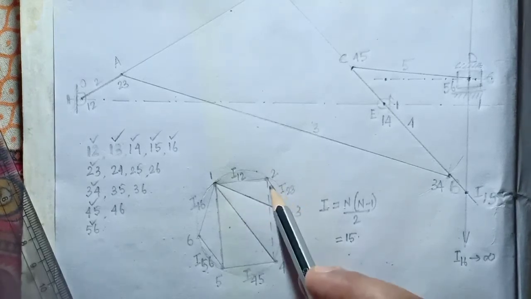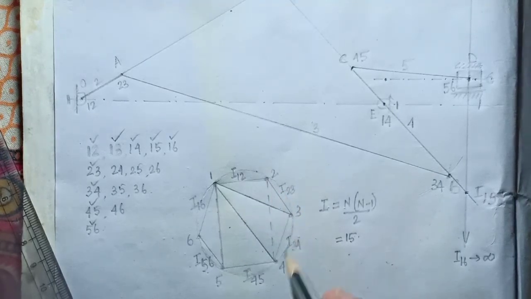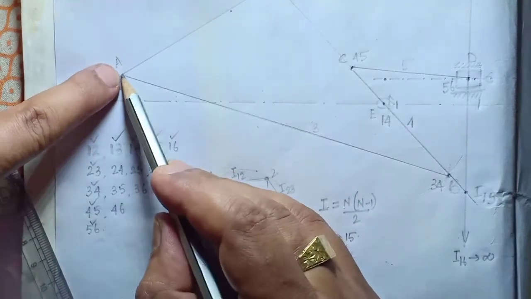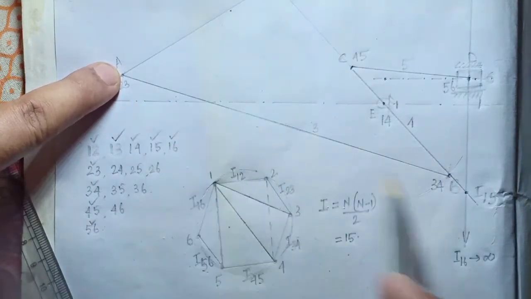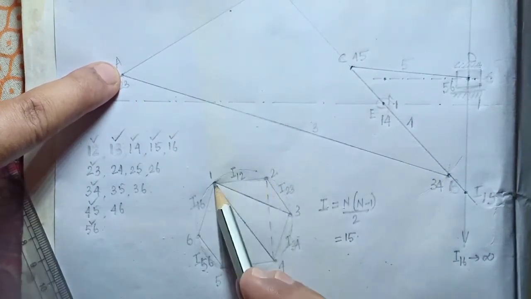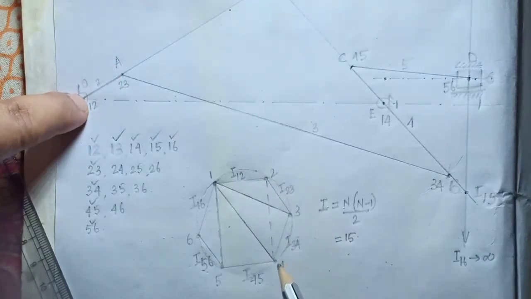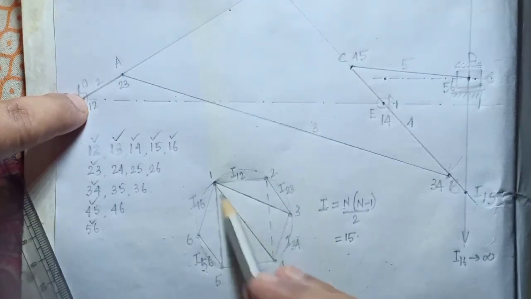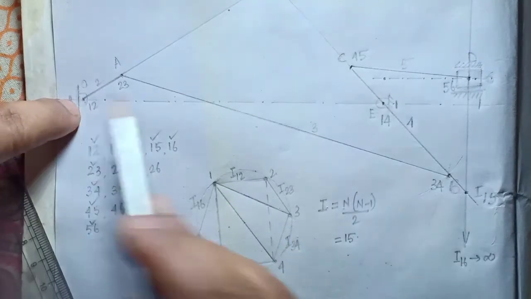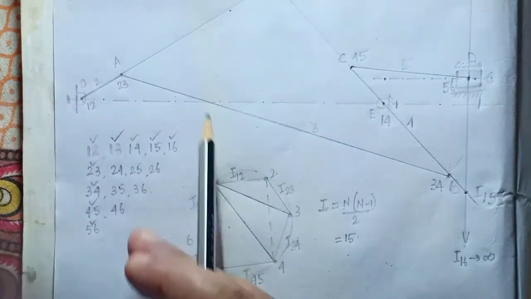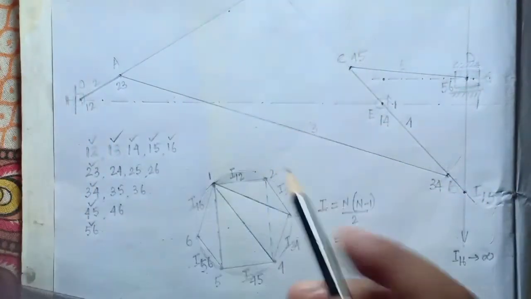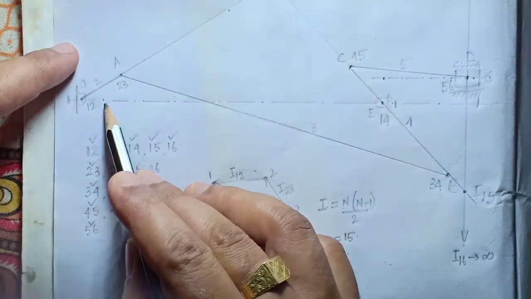So first, for 2 to 4, the clockwise path is 2 to 3, 3 to 4. I23 and I34 are these points, which are joined already. And 2 to 1, 1 to 4: I12 and I14. Just join this line. No need to join the other line, as it has been joined already through a center line.